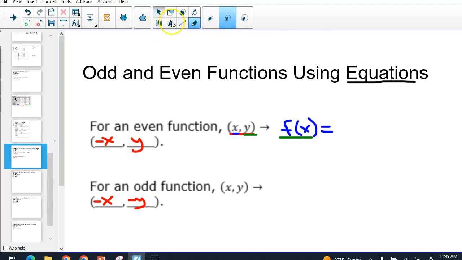So with our even functions, our y value is going to be equal to the same y value, so we're still going to have our f of, it's our y value coming out, except our x value is going to change to a negative.